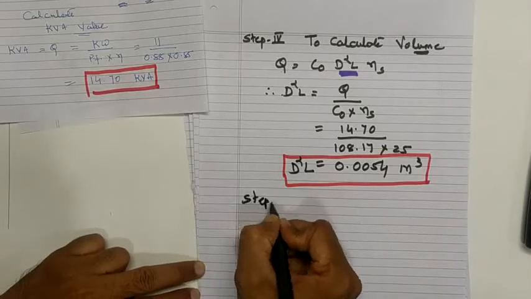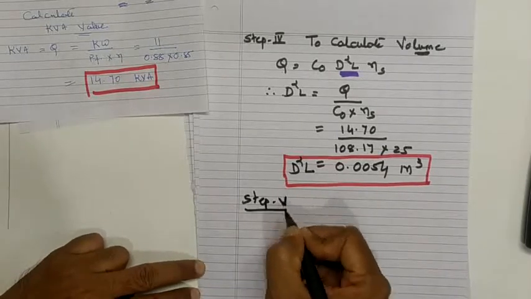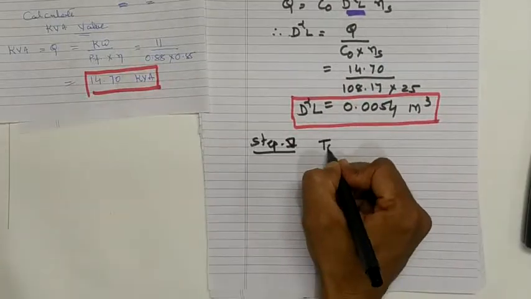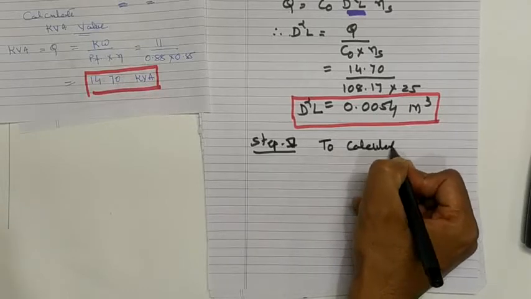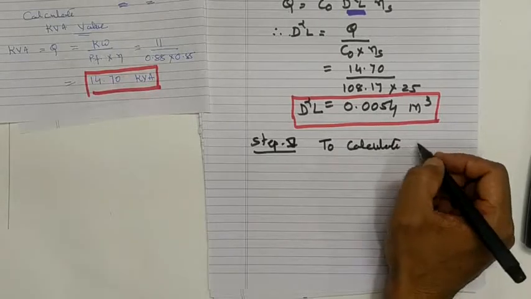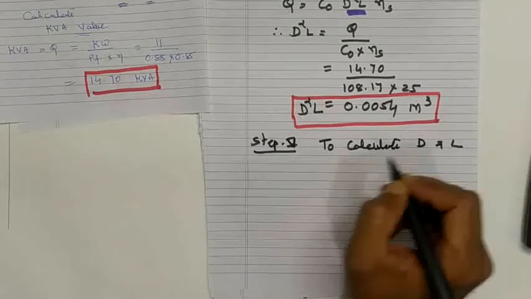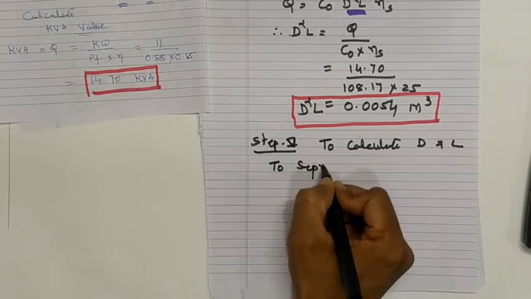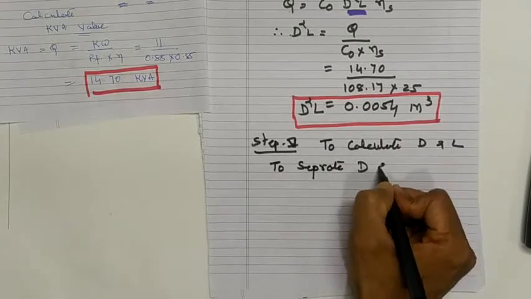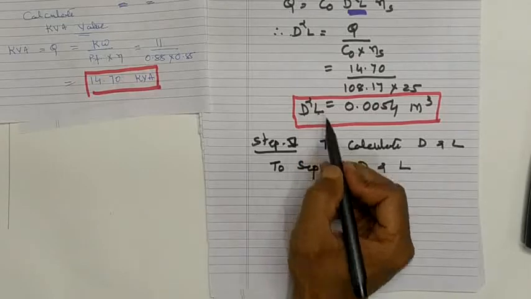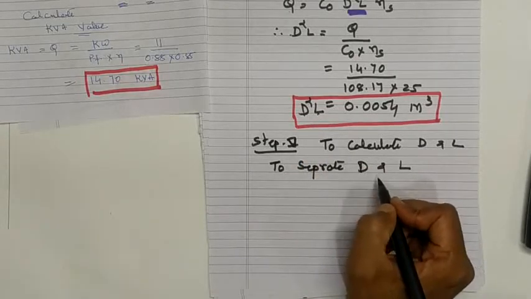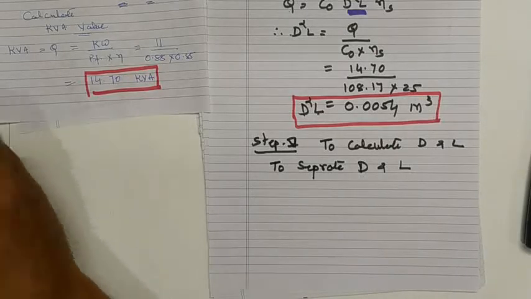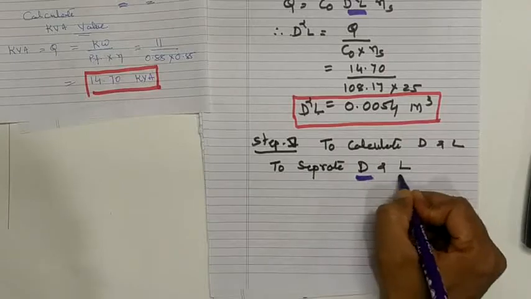Step number 5 is to calculate D and L. Here D and L are together as a volume, so we have to separate these two quantities, D and L.